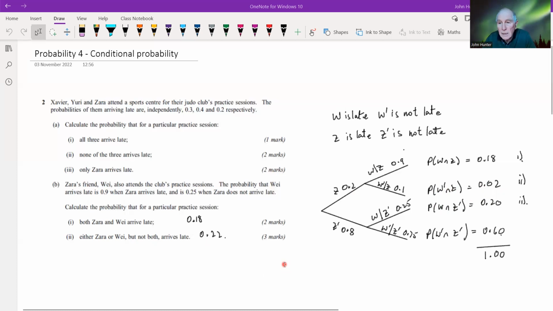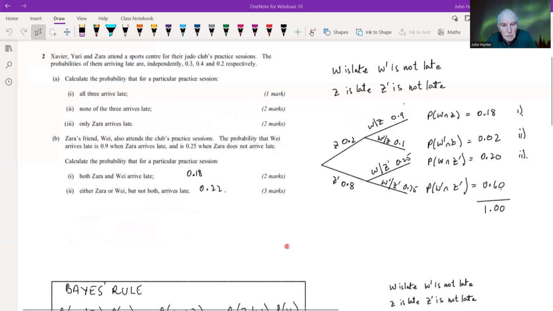So that is the use of probability trees for conditional probability. And hopefully you agree that by using this notation, it starts to become a bit more intuitive. Anyway, hold that thought because we'll be coming back to that.